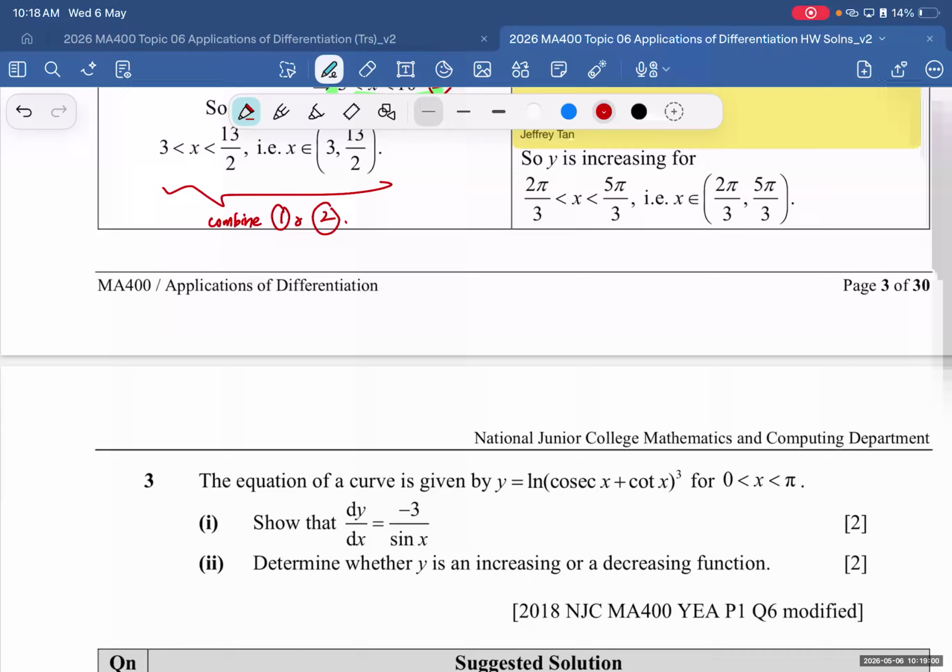Okay, go Swata. So what? Sorry, question 3.